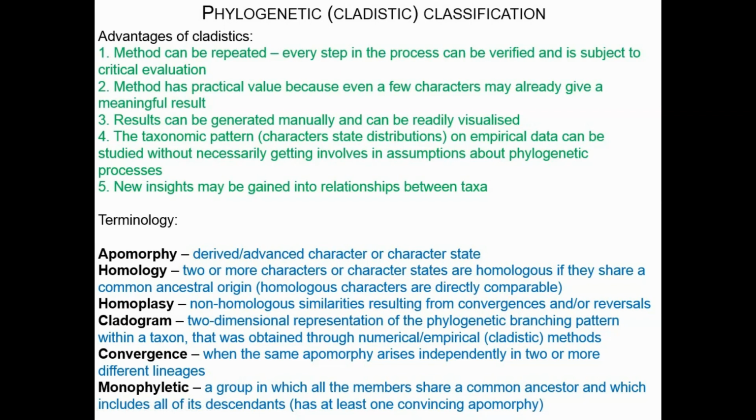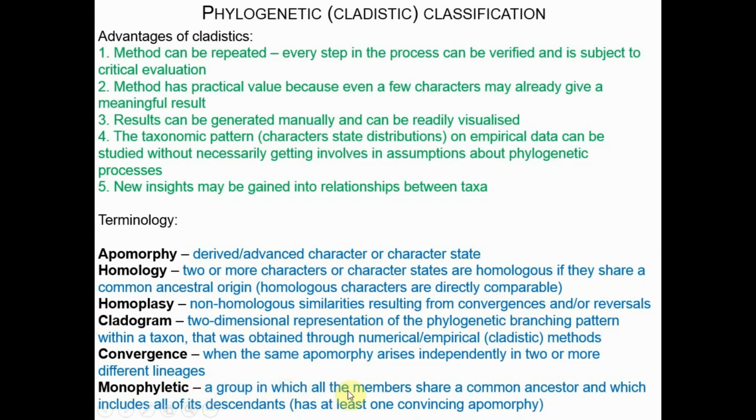So those are homoplasious characters. Cladogram is then the tree that we draw up, a two-dimensional representation of the phylogenetic or branching pattern. Convergence, when the same apomorphy arises independently in two or more different lineages. So we've spoken about that here with homoplasy.